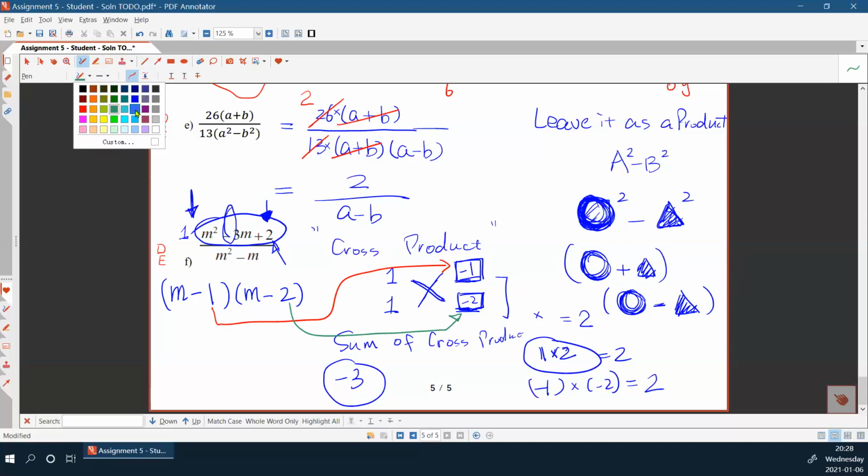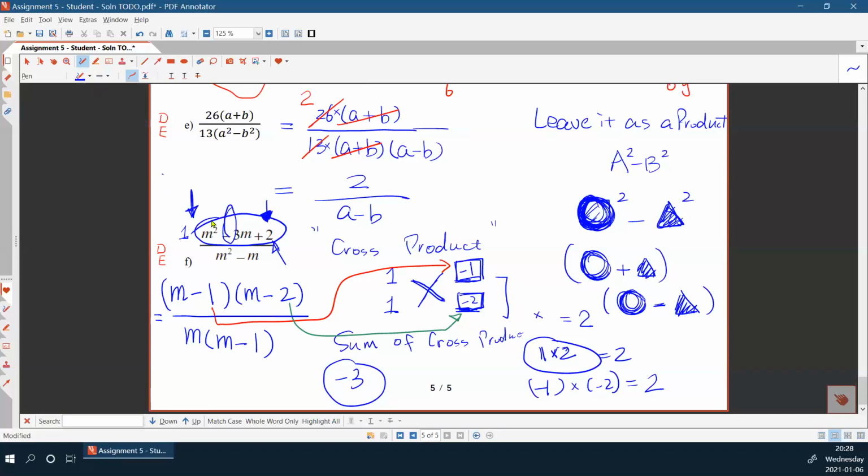This is the numerator. For the denominator, things are easier, which is m times m minus 1, right? Because if you verify, you can expand m times m minus 1, which becomes m squared minus m, right?